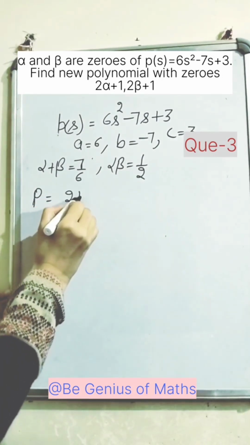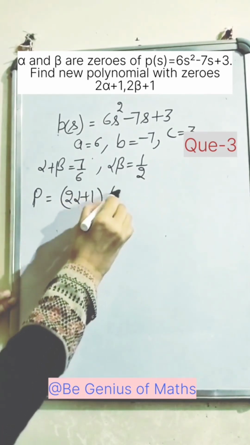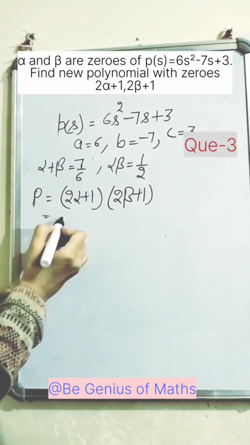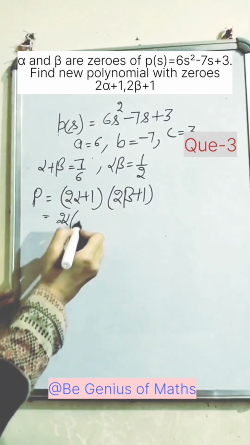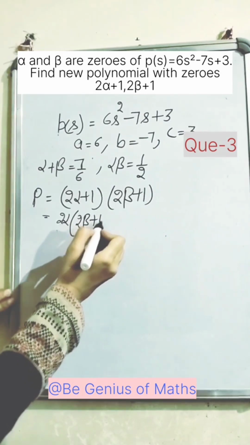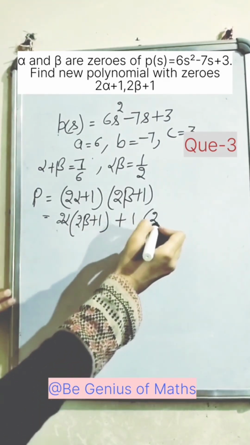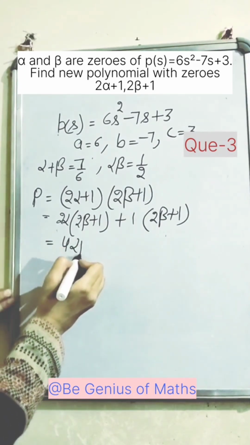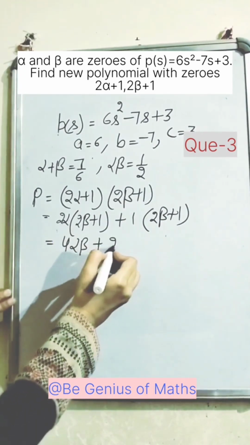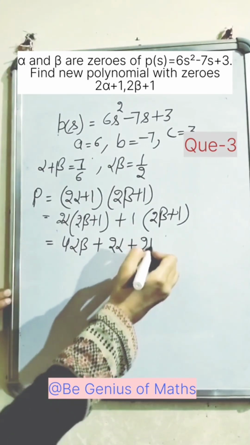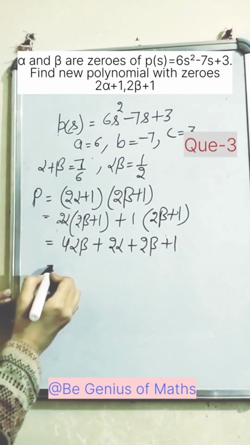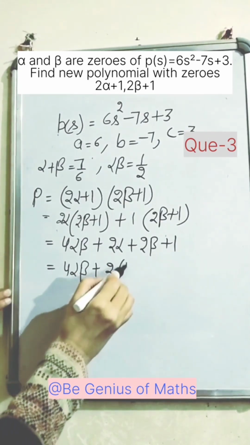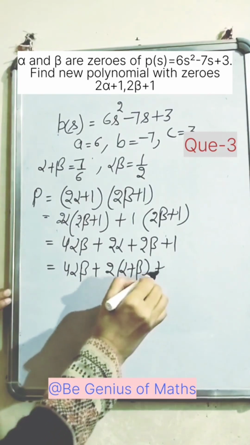The product of new zeros. Alpha beta plus 2 common into alpha plus beta plus 1.